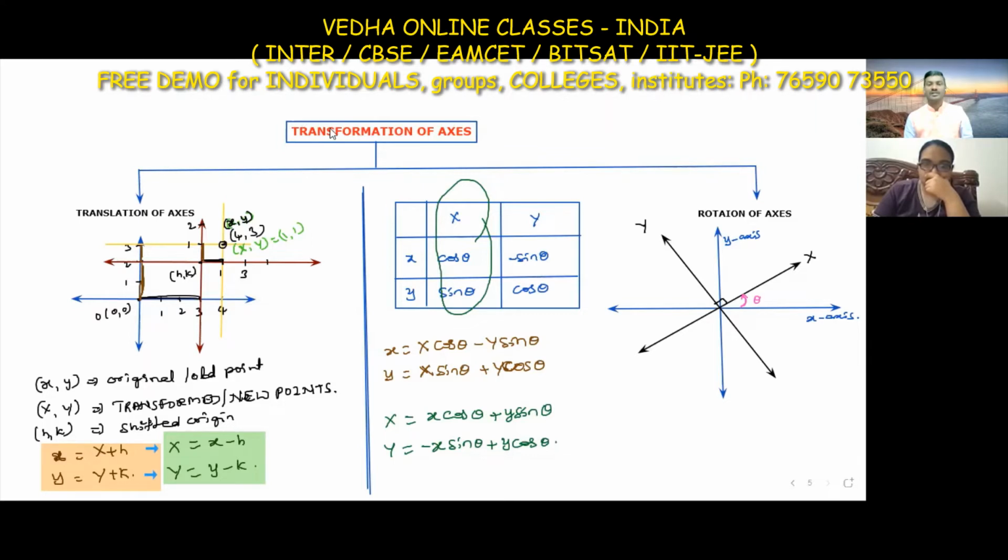So these are the formulas we are going to use here. If the given equation is in terms of small x, small y, we use the small x, small y formula. If the given equation is in terms of capital X, capital Y, we use the capital X, capital Y formula. Understood?